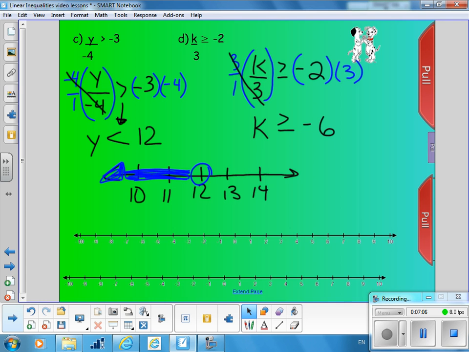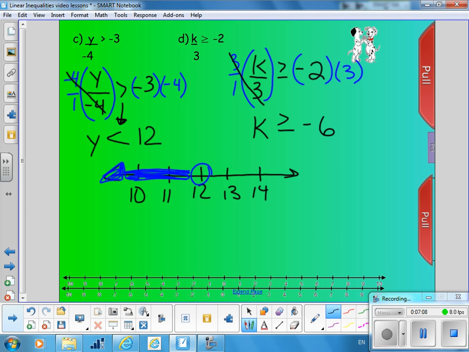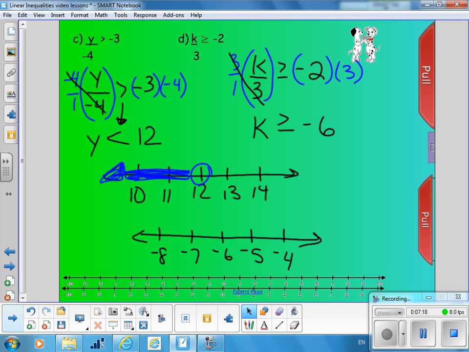So what we need to do is draw a graph, put -6 in the middle, and when we circle -6, we actually shade it because of the equal sign, and we're saying that the variable is larger, so we need to move to the right.